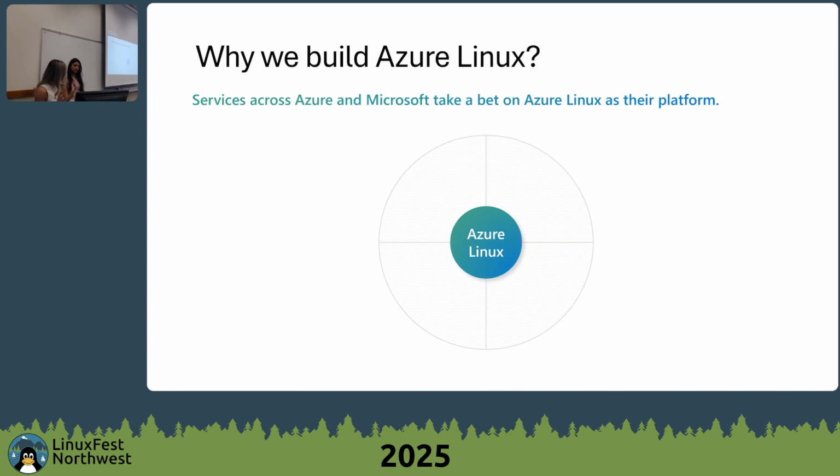So that sets a bit of context into what internally usage of Azure Linux looks like. But moving on to why we built Azure Linux, because I feel like that's a question we always get when we share that Microsoft has a Linux distribution. And so the reality is that the majority of Microsoft services and Azure services, either run on or rely on Linux.